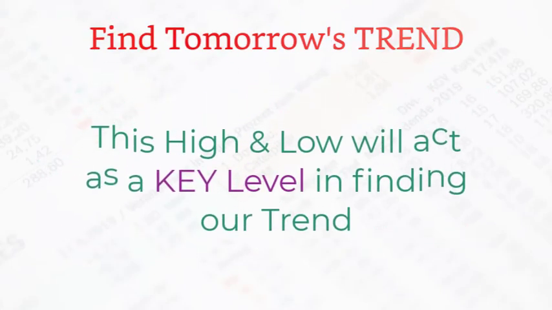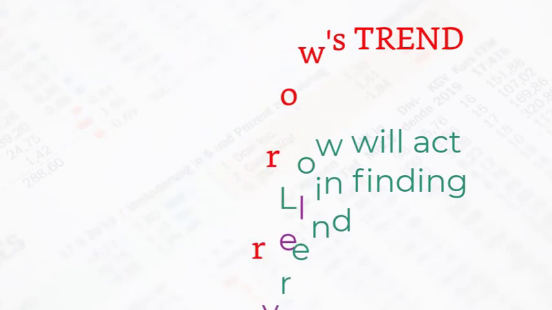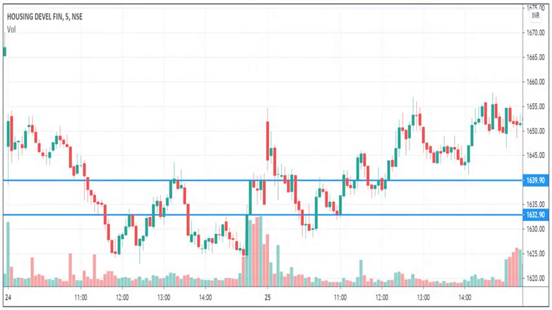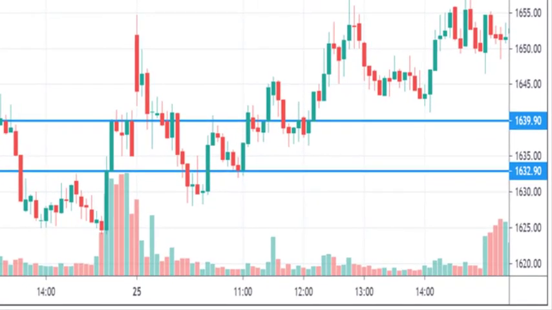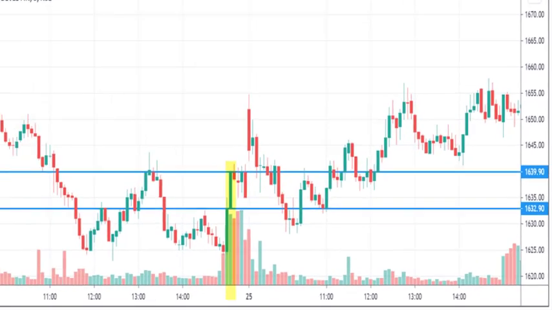Now, this high-low will be our range for the next day, which gives us our potential direction of the stock. Let me show you some examples to make things clear. This is the 5-minute chart of HDFC from the list above. Here we are marking the high and low of the candle that had the highest volume on 24th September.